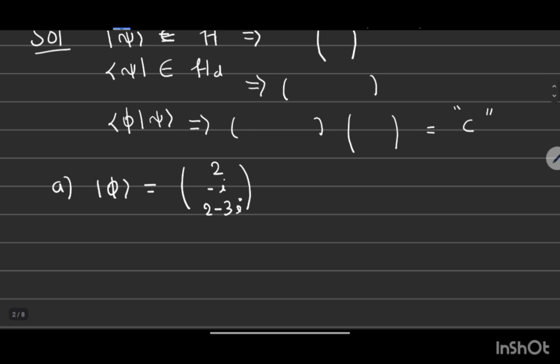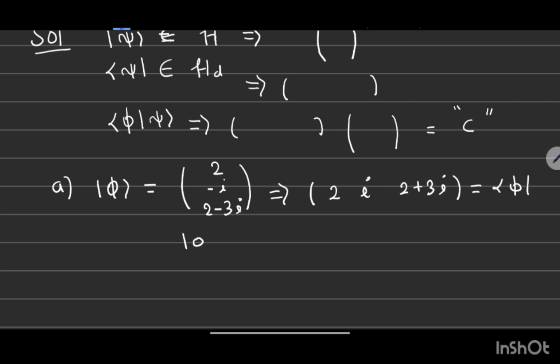We have to take the complex conjugate of each element of the matrix, and if the ket vector is a column matrix, the bra vector will be a row matrix. So take the complex conjugate and convert this into a row matrix. So it will be (2i, 2 plus 3i). This is equal to the bra phi. Okay, this is the answer.